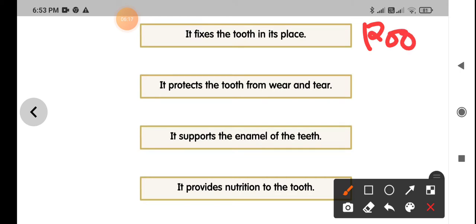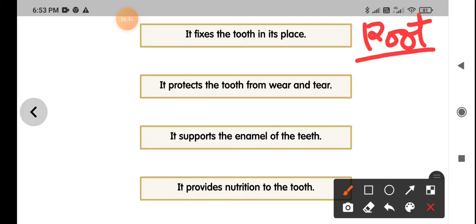The root part is fixing the tooth in the jaws. Just as in plants the roots fix the plant, here the roots fix the tooth in the jaws. Okay. So you need to write, this is just a hint for you. You have to write answers for all these different questions.